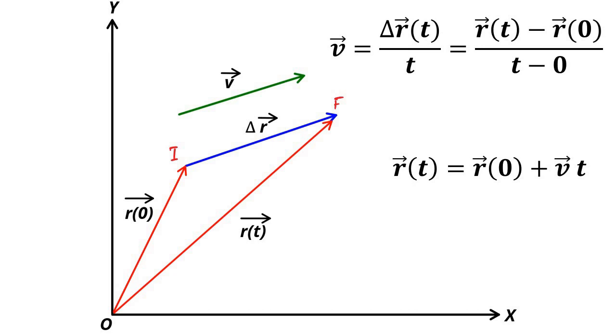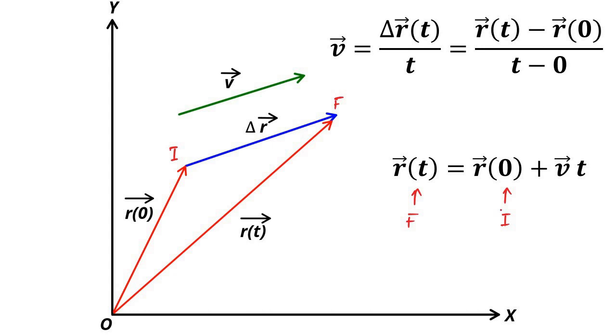If you recall, we discussed it in the first video. Rt vector minus R0 vector by t, or Rt vector, the final position, is the initial position plus change in position, which leads to displacement here.